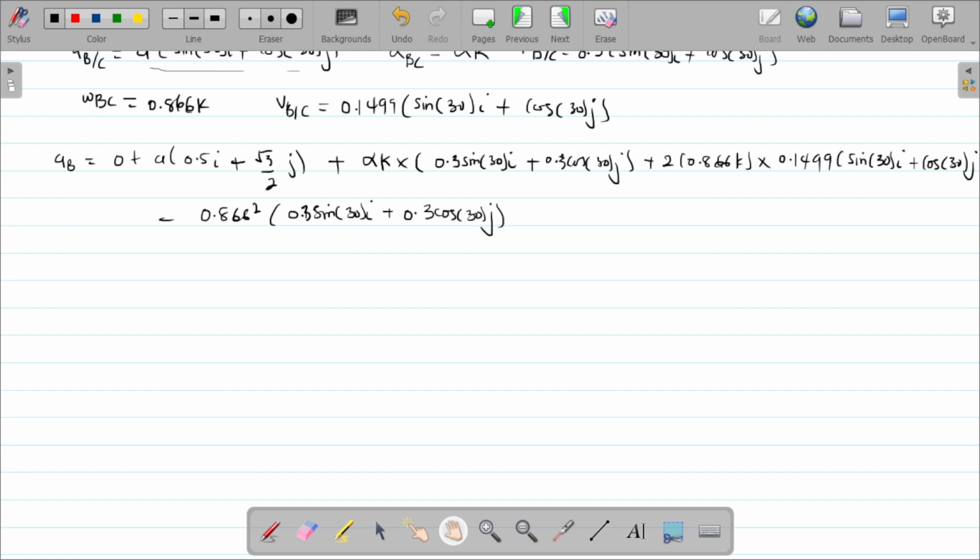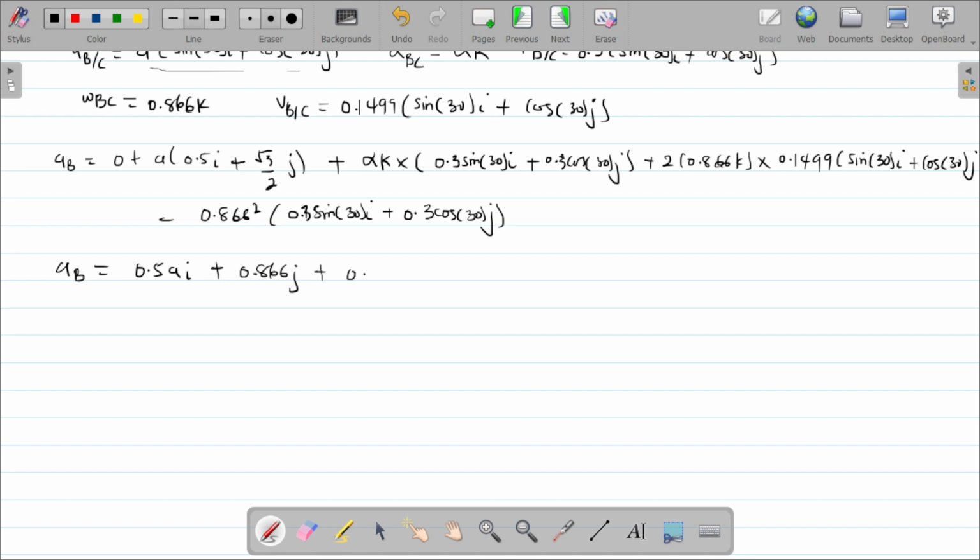Okay, so let's simplify. So a_B will be equal to 0.5 a i plus root 3 on 2, which is 0.866 a j, then plus, this time 0.3 sine 30, that's 0.15, right?